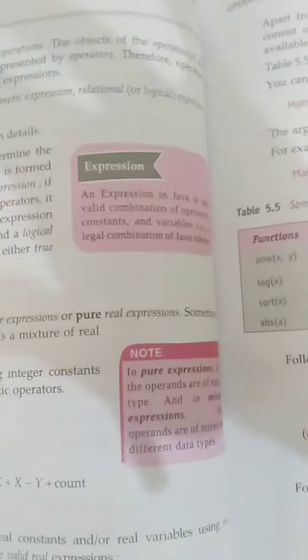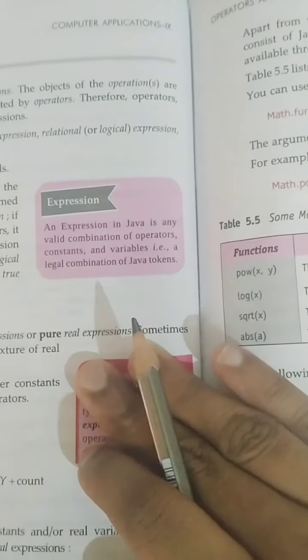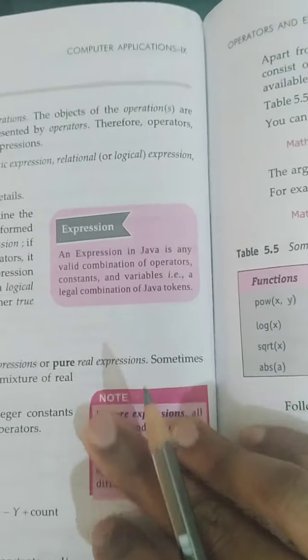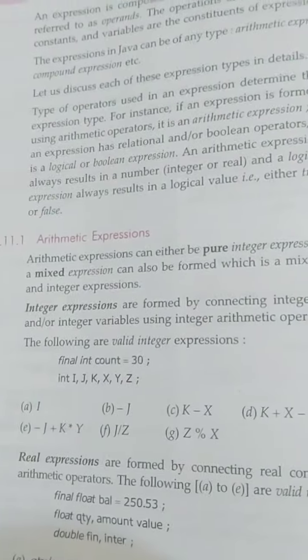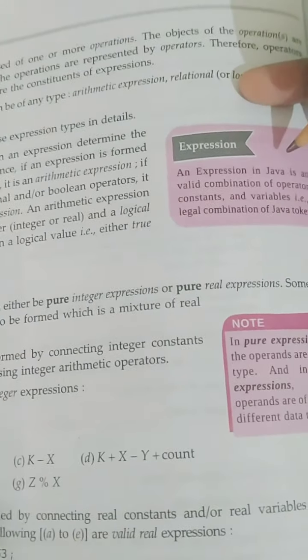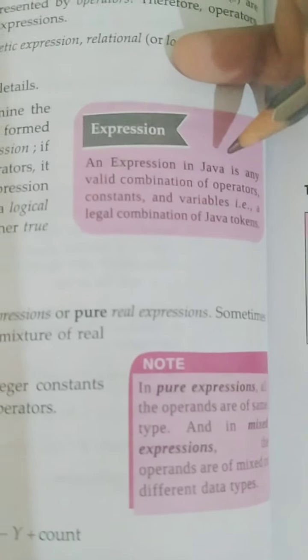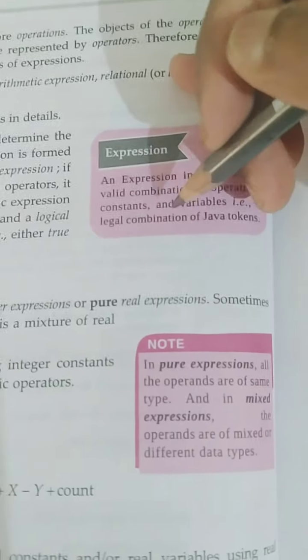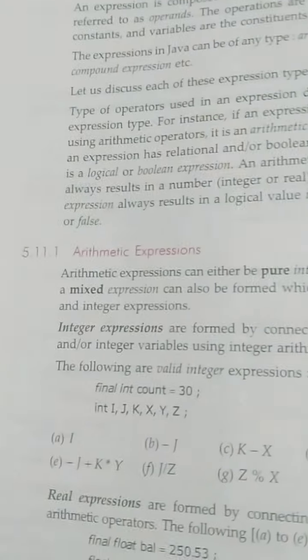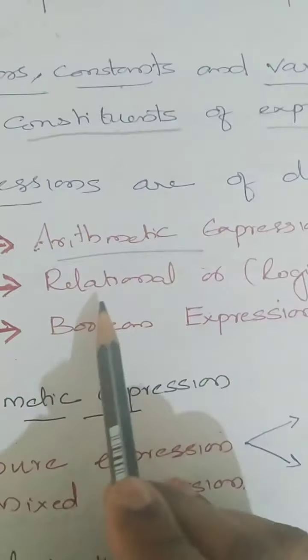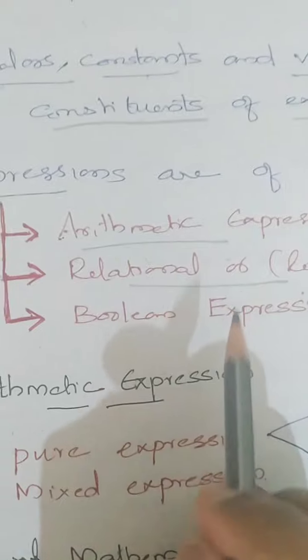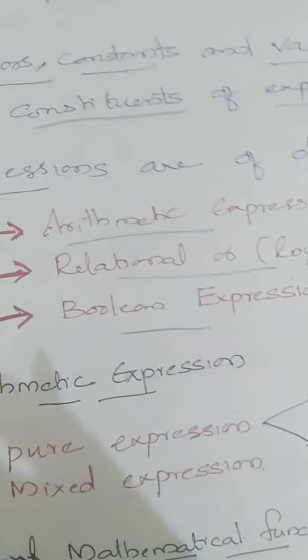An expression in Java is any valid combination of operators, constants and variables, that is a legal combination of Java tokens. And expressions can be of different types, that is arithmetic expression, relational or logical expression and Boolean expressions.